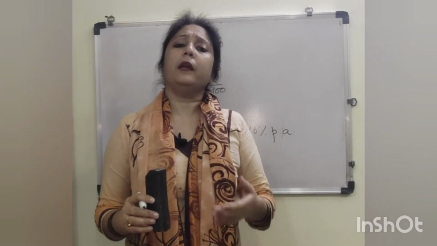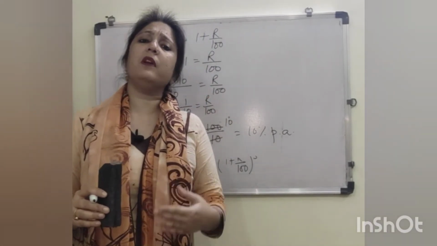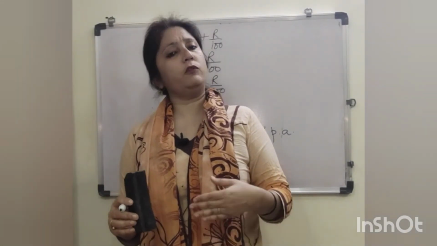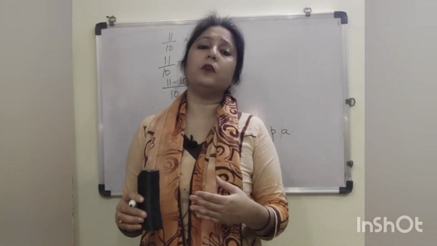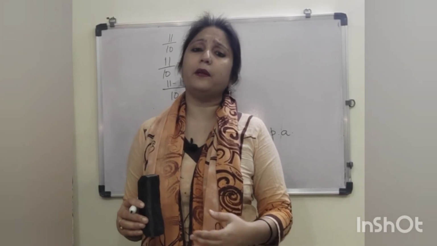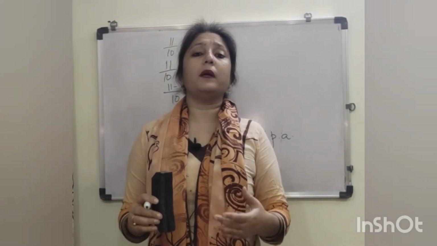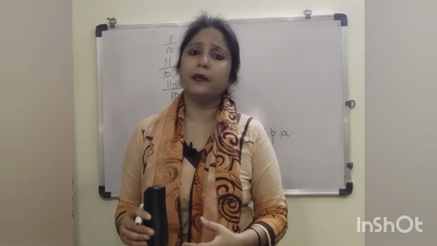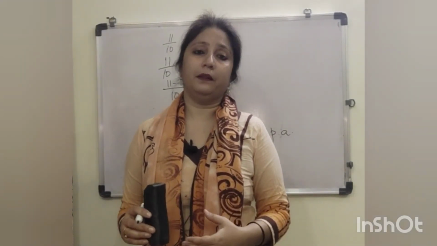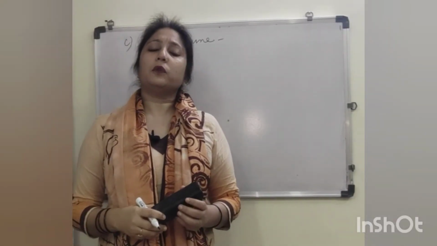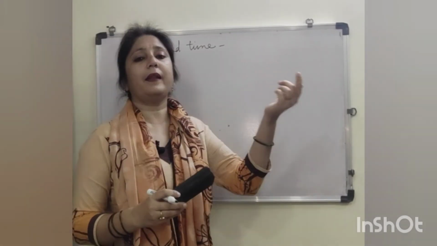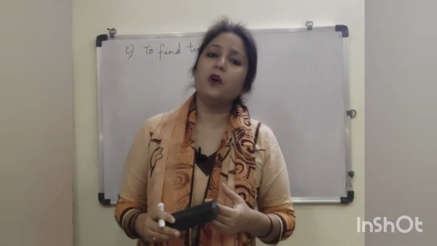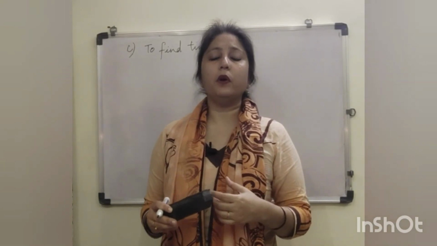Whether you have interest compounded half yearly or quarterly, the working will remain the same. The only change will be in the formula, because in half yearly we have A is equal to P (1 plus r over 200) to the power 2n, and in quarterly (1 plus r over 400) to the power 4n. Now the third inverse problem on compound interest is to find time, that means the value of n.